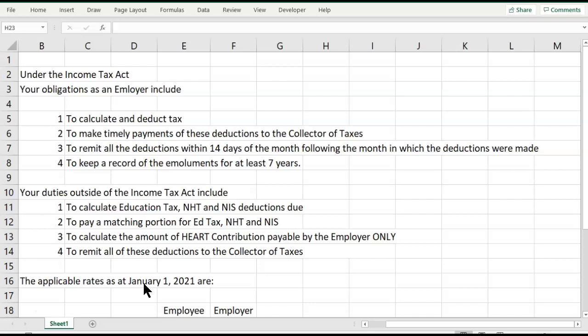In your project for this semester, you will become employers because you are creating a business. Based on your project instructions, which are on Blackboard Learn, you will see that you have two employees, one who will be monthly paid and one who will be fortnightly paid.